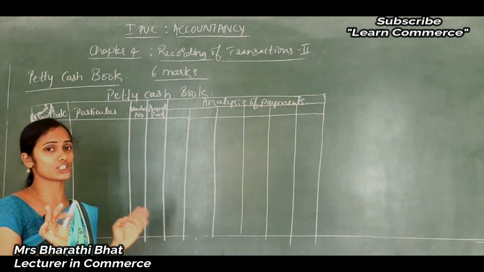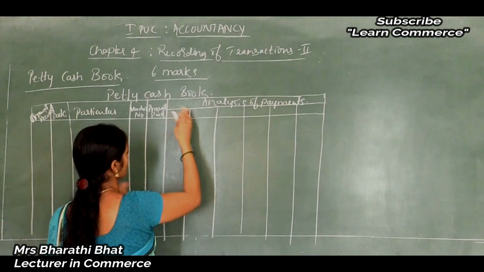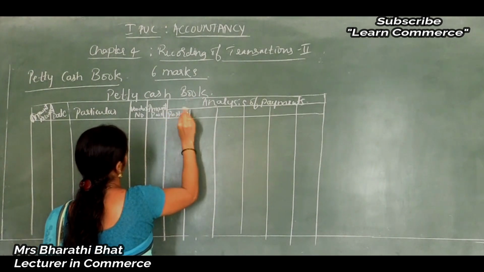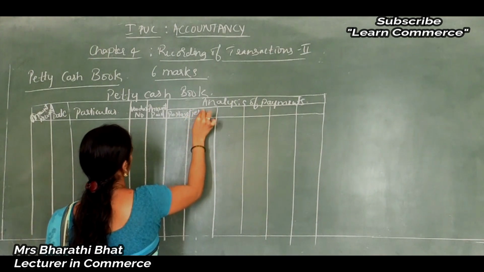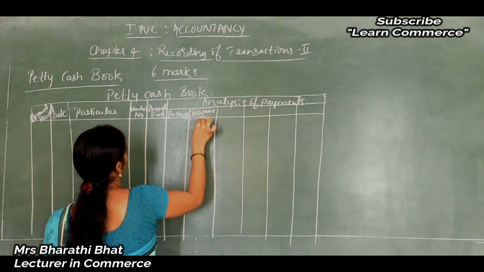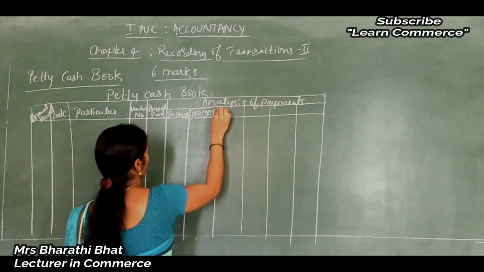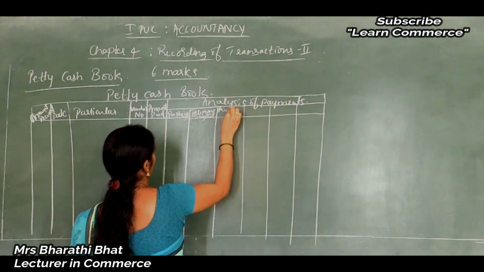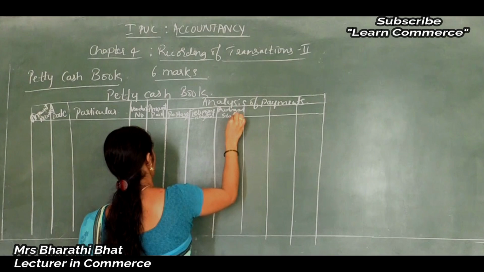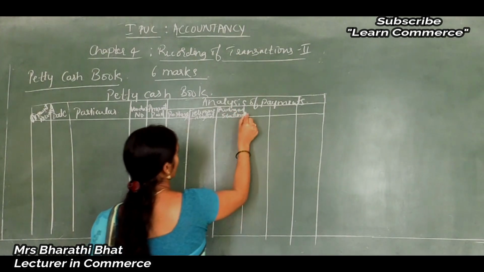Based on the transactions you can write the columns, means you can write the name, title for the columns. First one always postage, and next one you can mention telephone and telegram, third one for printing and stationery, okay. And next one for conveyance.